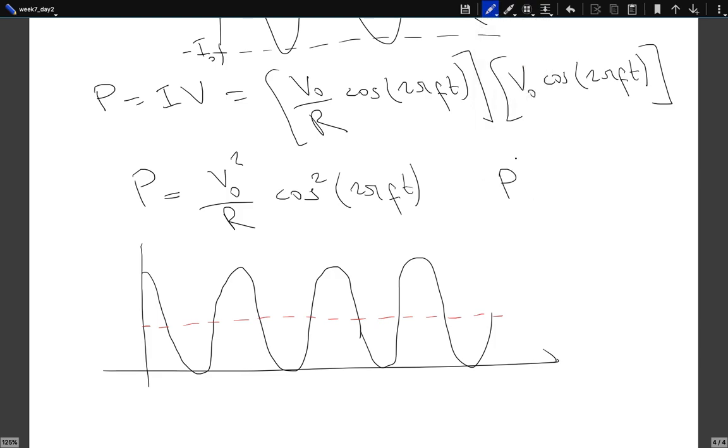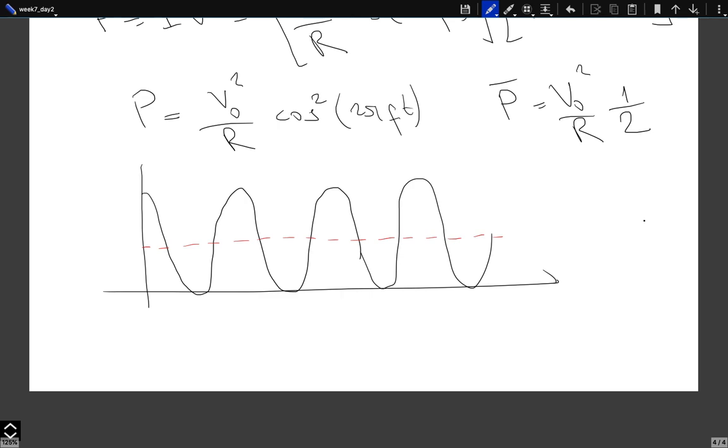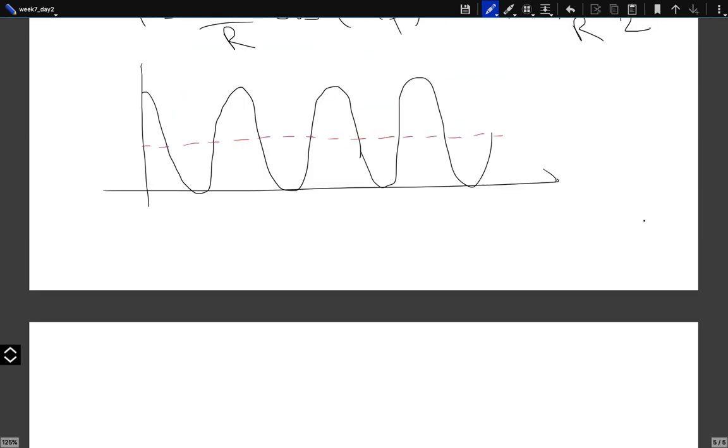And the average value, this is more or less the average. The average value of power, which is usually shown by this bar, is V0 squared over R times the average of cosine squared, which is just 1/2.